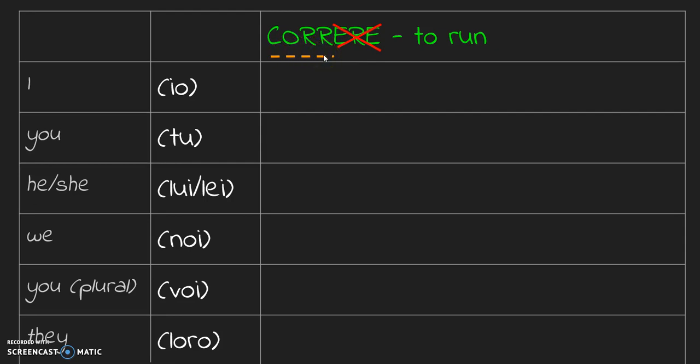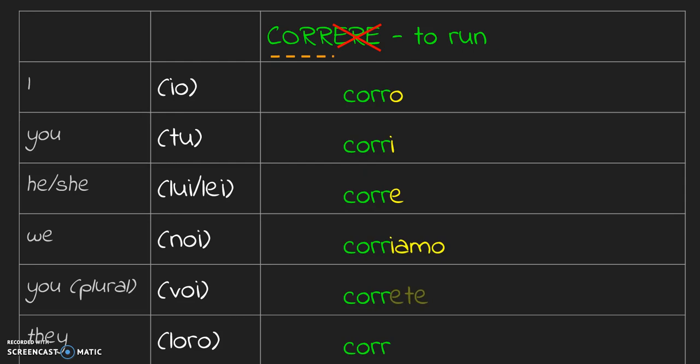So cor is our stem, and we use it to start all of our verb forms below. And now we simply add our endings. So for ere verbs, they are o, i, e, iamo, ete, ono.